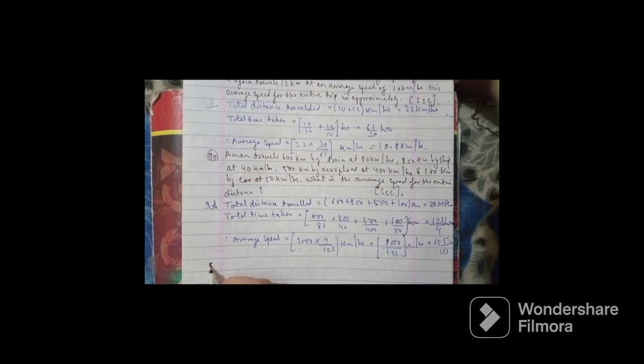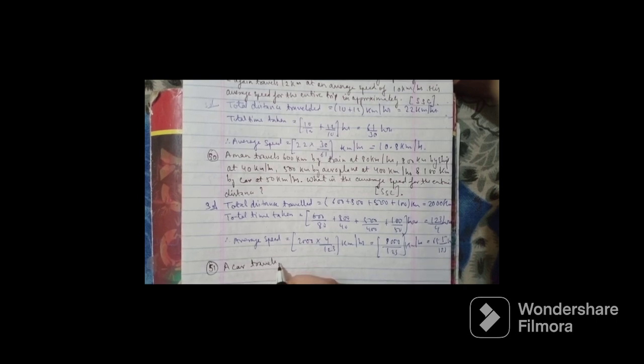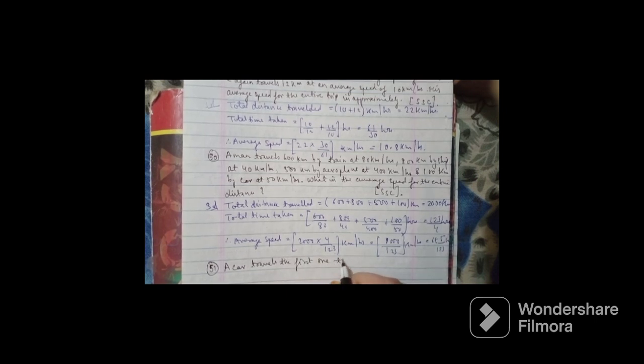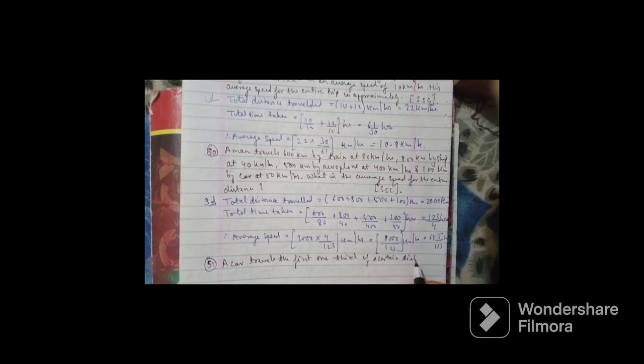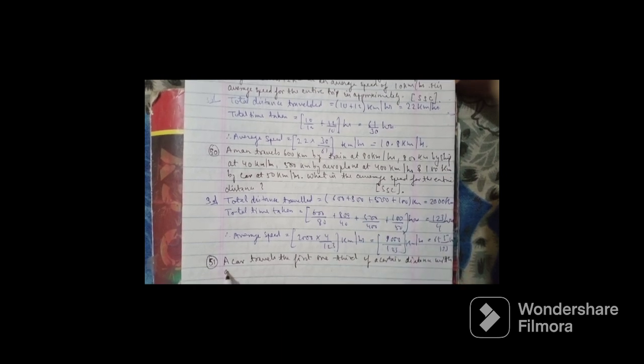Question is 51st question. A car travels the first one-third of a certain distance with a speed of 10 km per hour.